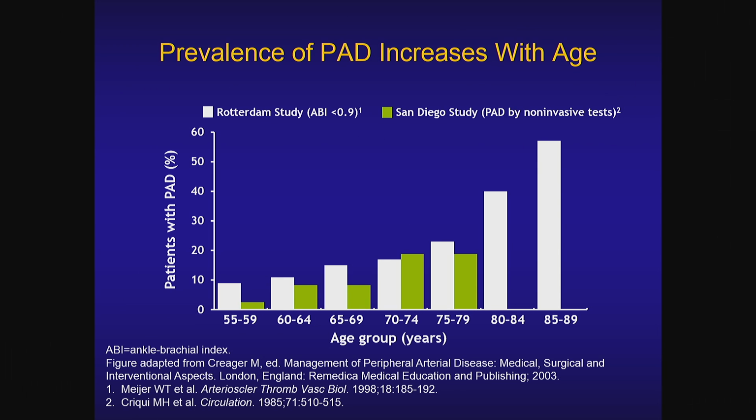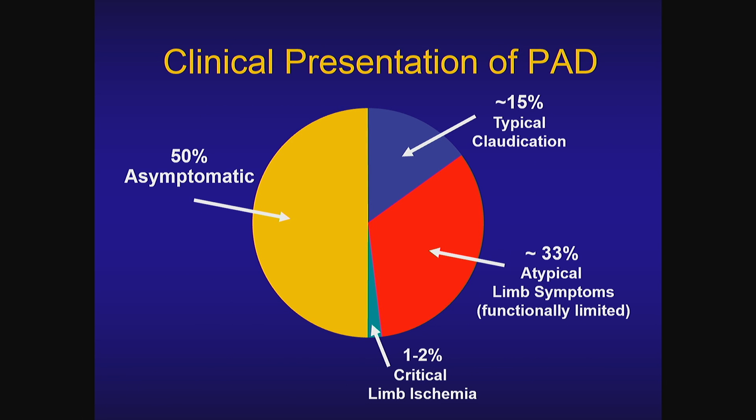The prevalence of peripheral artery disease understandably increases with age as the atherosclerotic risk factors increase. And you can see here that in the Rotterdam study, when PAD was diagnosed by an abnormal ankle brachial index of less than 0.9, in patients who were 80 years or older, the prevalence of PAD was as high as 40%.